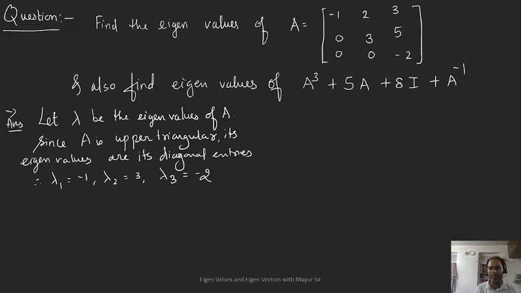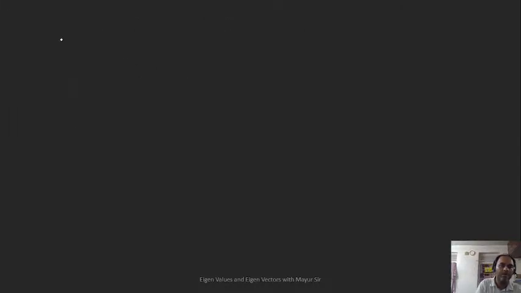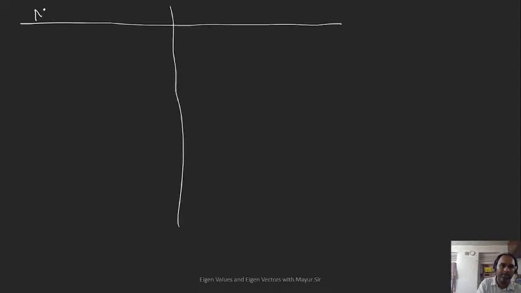Now we make the table. I'll make it on a fresh page so that I can show the calculations. So here it is: matrix A, eigenvalues.